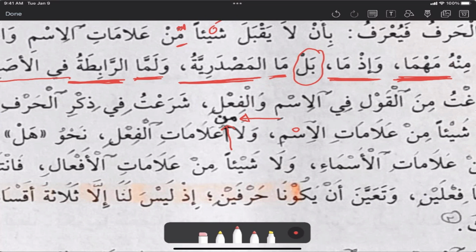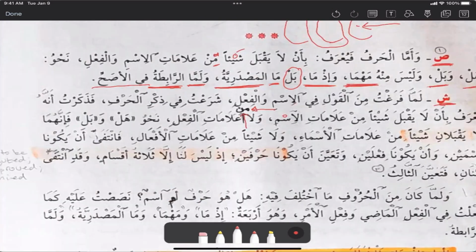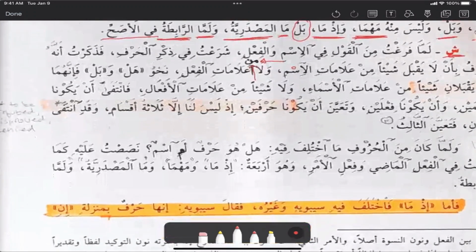You need to develop a system for yourself. Like if it's a fatha, don't put anything there. Just keep going. Then you know if the space is blank, it's a fatha, for example. And if you have enough codes in your own books, you might even want to develop a key for yourself. Nahwu hal wa bal, such as hal and bal. We discussed them now.